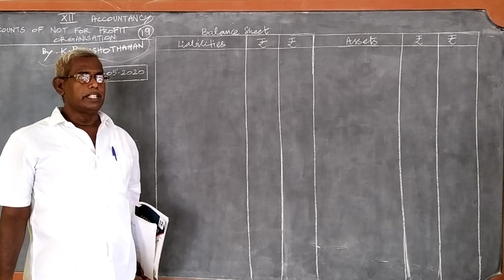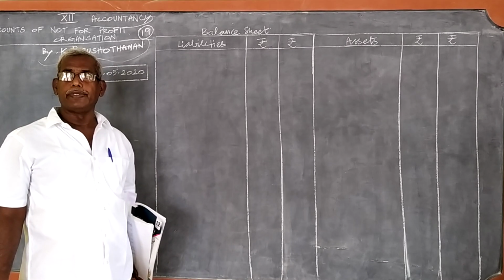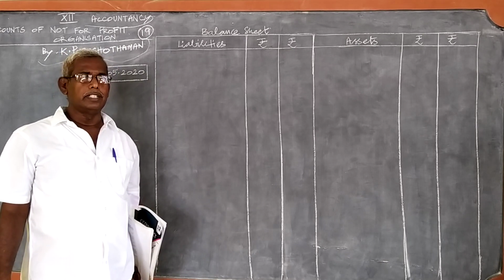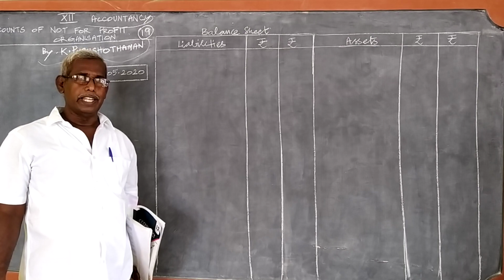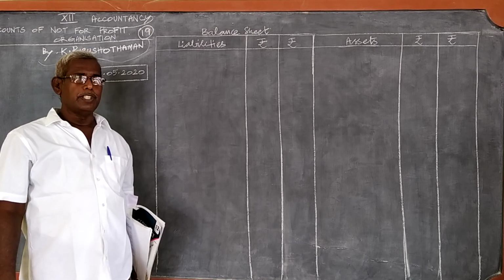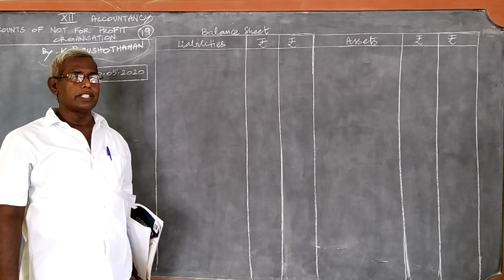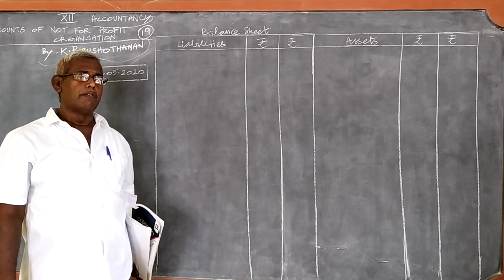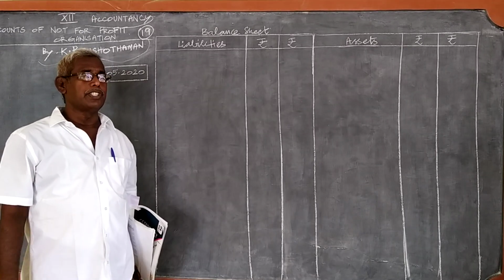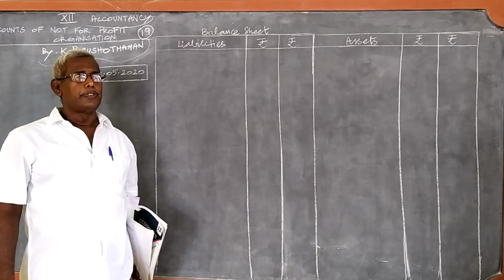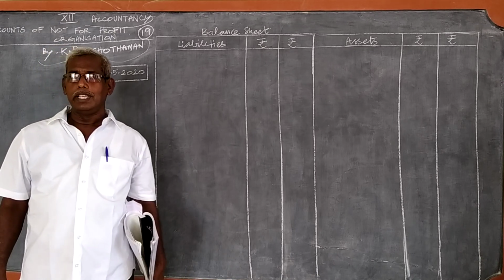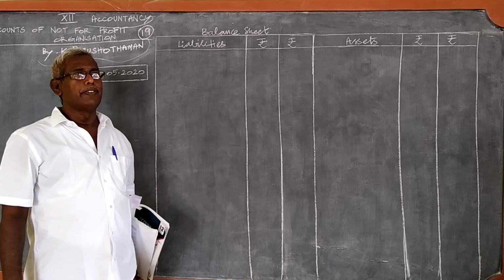And the second part is income and expenditure account. Under the income and expenditure account, all the incomes connected with the accounting year for which it is prepared are written on the income side, and on the expenditure side, all the expenditures related to that accounting year. If income is greater than the expense, that is excess of income, then we find a surplus.